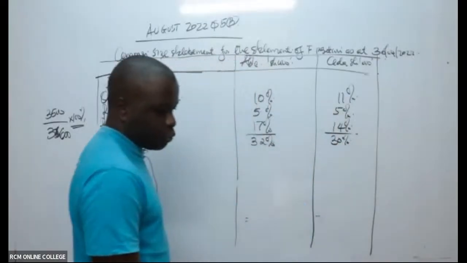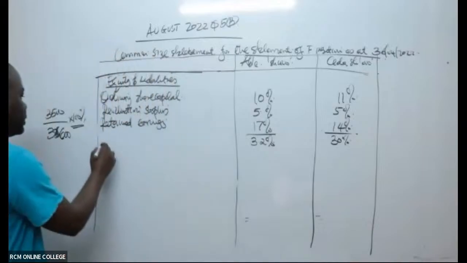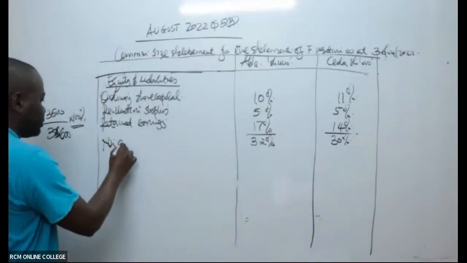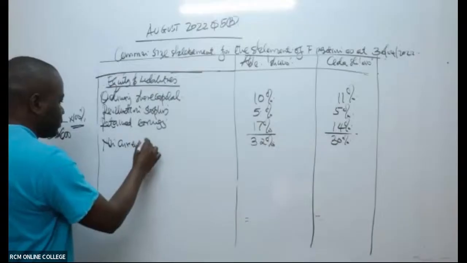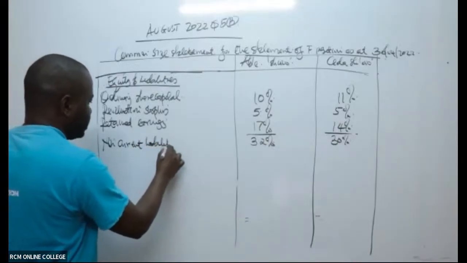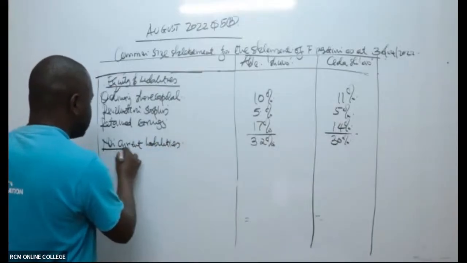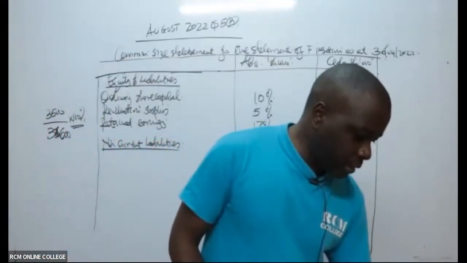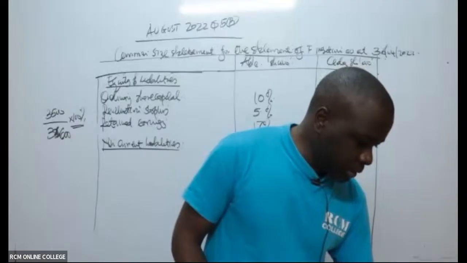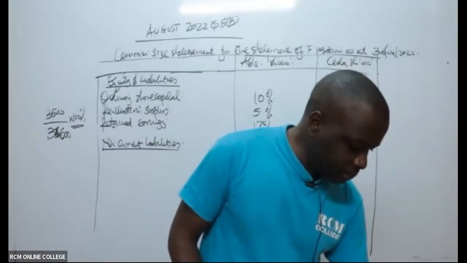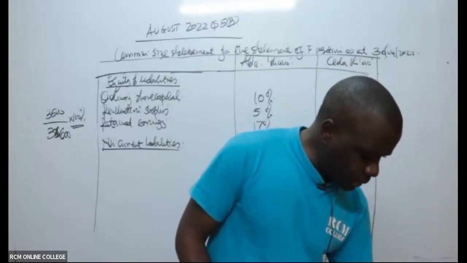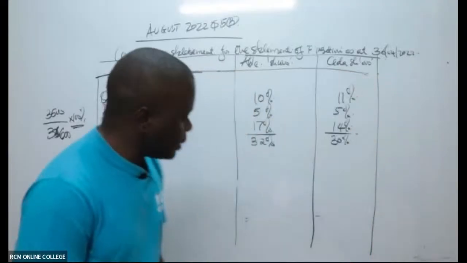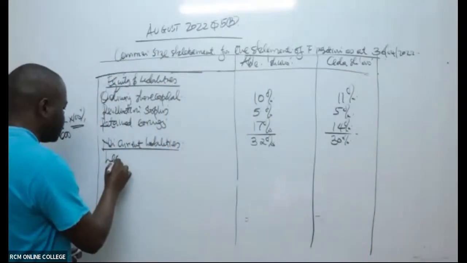Then you go to the non-current liabilities. For non-current liabilities, the first item we have is lease liability.